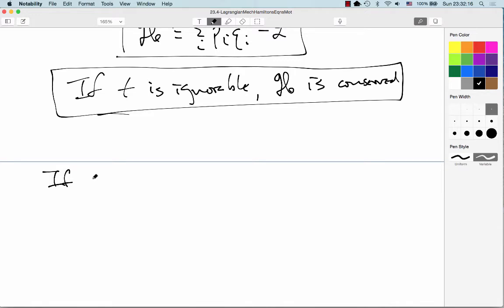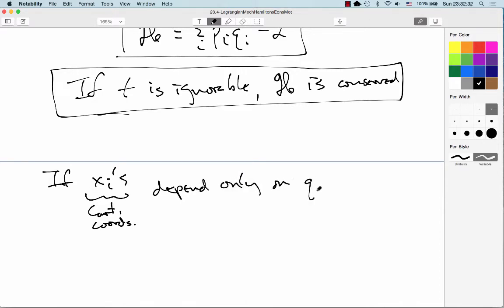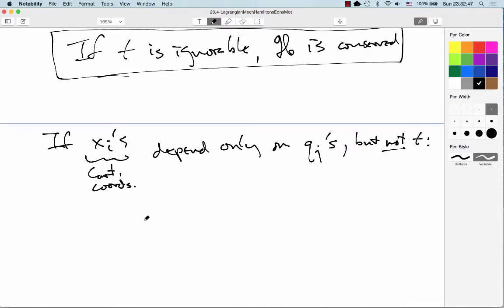If the xi's, so these are our Cartesian coordinates, depend only on the generalized coordinates, so the qj's, but not t, so not time, then I can write my xi dot as the sum over j of partial xi partial qj times qj dot. All right.